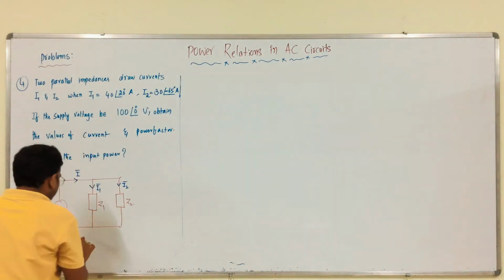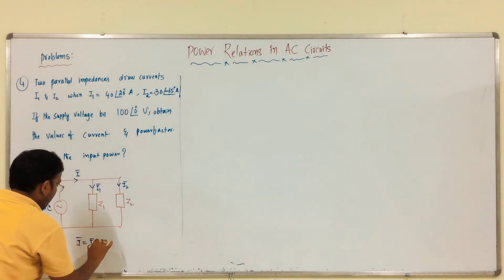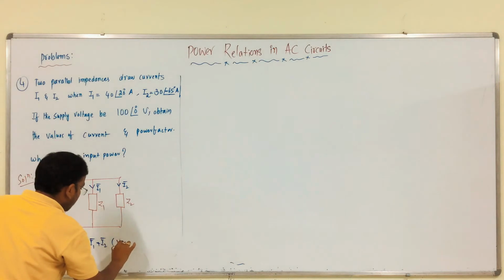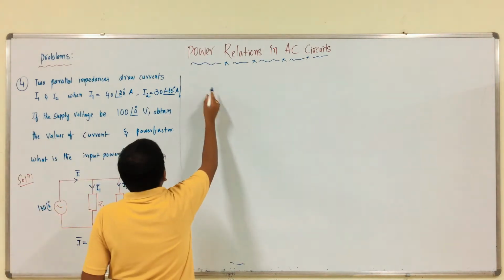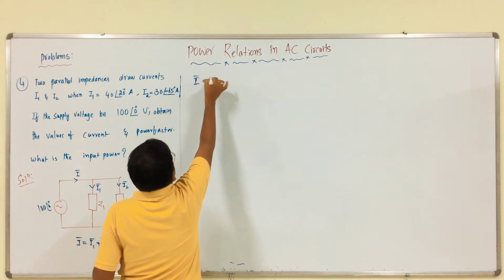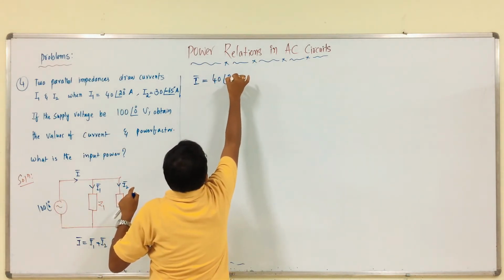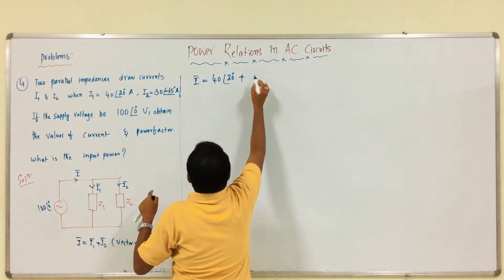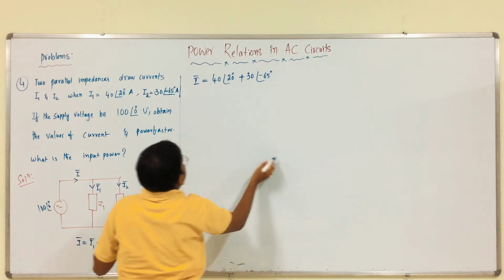From this, the source current is the vector sum of I1 and I2. I1 is 40 at an angle 20 plus I2 which is 30 at an angle minus 65 degrees.